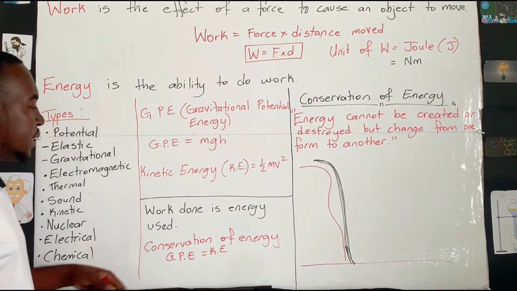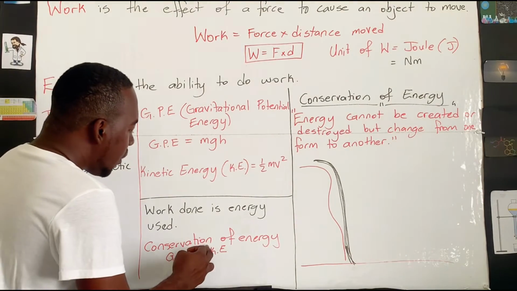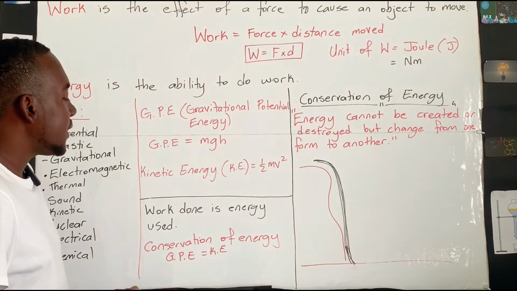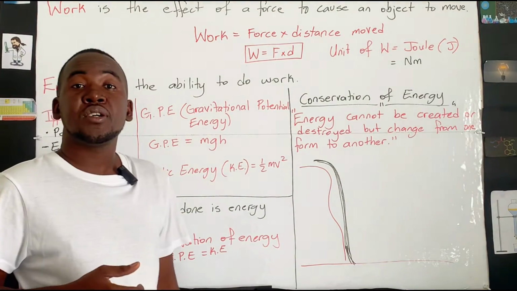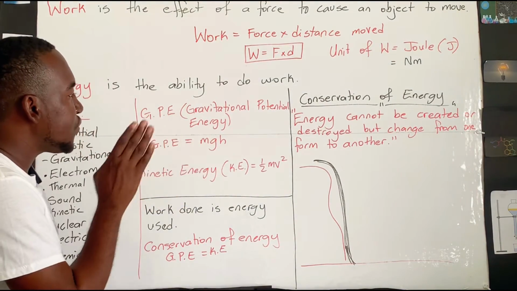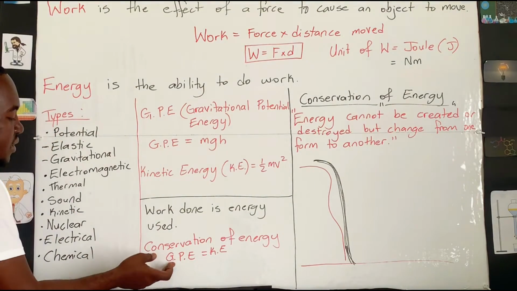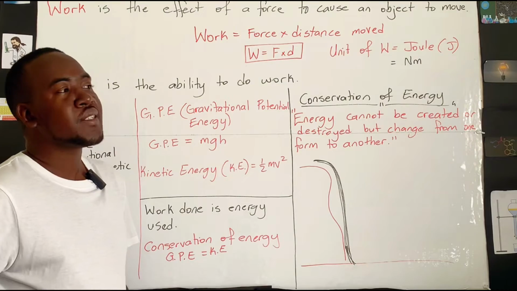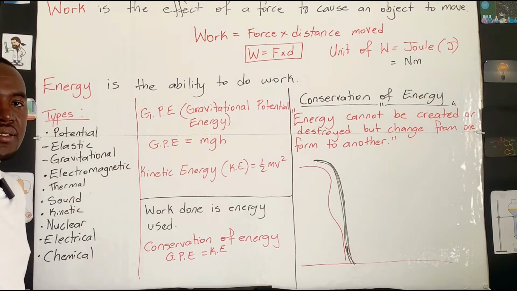And that leads us into all the practical examples that we will do at this level, to tell us that in energy conservation, where energy is changing forms, there is no energy lost.